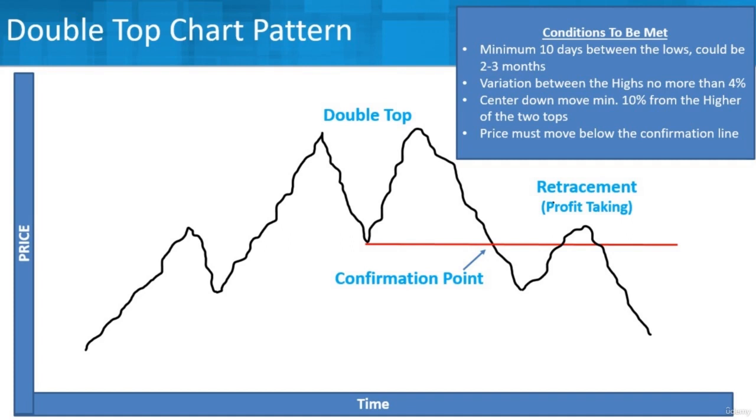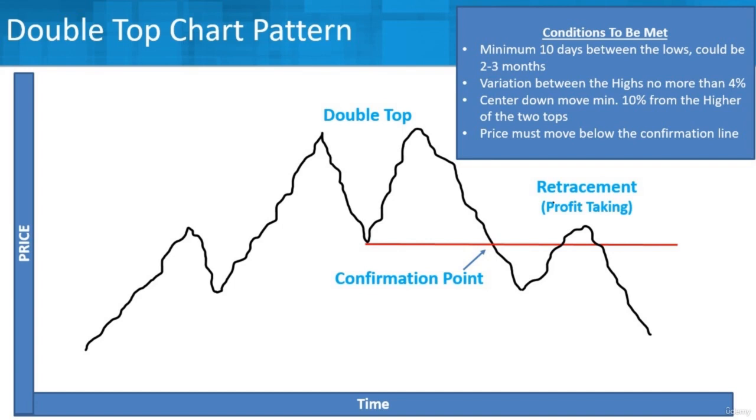And then the price must move below the confirmation line to be a true double top chart pattern. If you haven't sold and taken profits before that, you might not have, and that's okay. You want to really make sure, if you're trading off this pattern, that the pattern fully develops. But once you see that confirmation line break through, that's the time to sell if you had bought into it and rode a nice uptrend, and take your profits there.